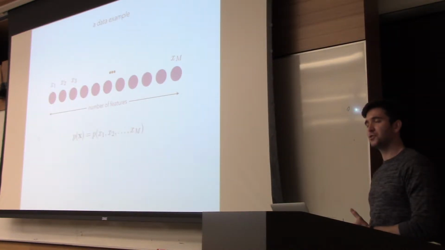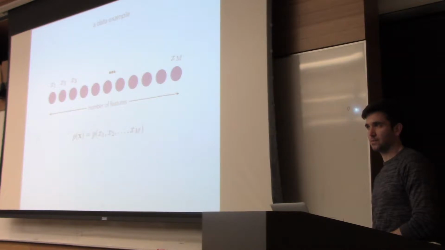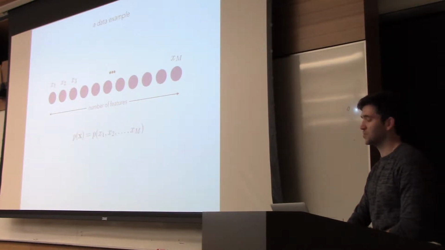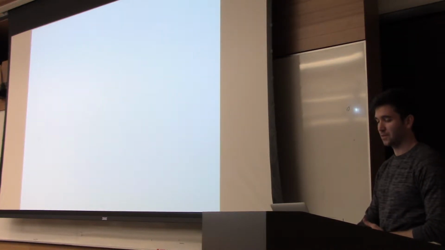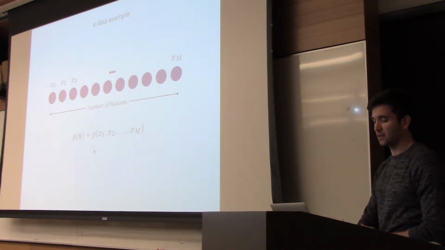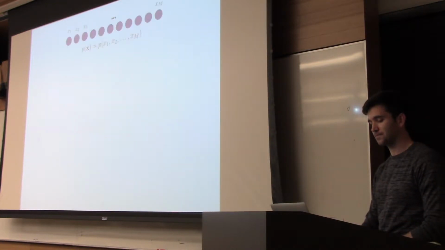And we can model this data example using a joint probability distribution over each of these features. So that's represented here, where we've taken bold x here to represent the vector of the data example, and then that's just spread out over this joint probability distribution.